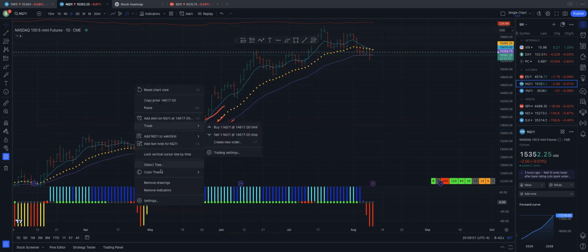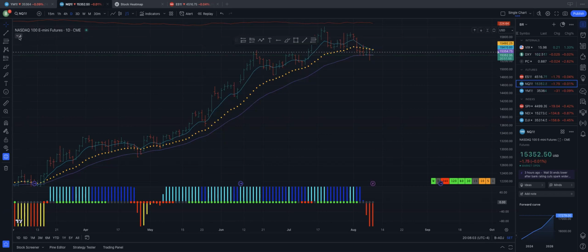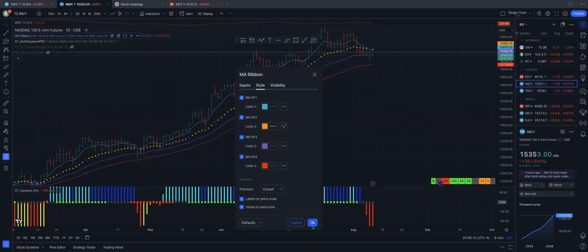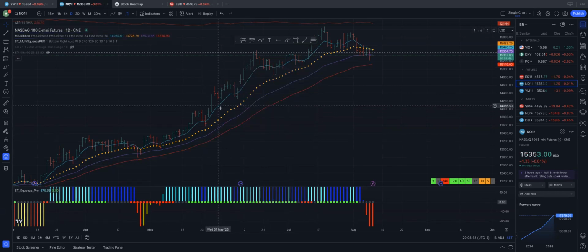I'll add that in there for you, so you can see that as well. So there's the 50. These are stacked moving averages: the 8 on top of the 21, on top of the 34, on top of the 50. Pretty simple. That's what I look for in an uptrend.